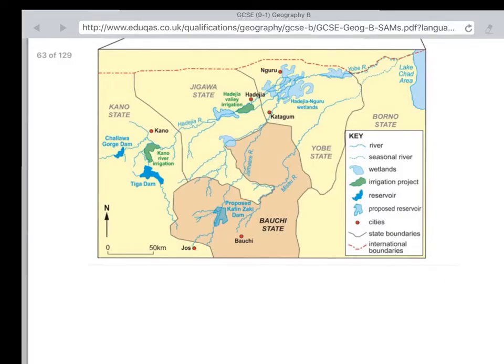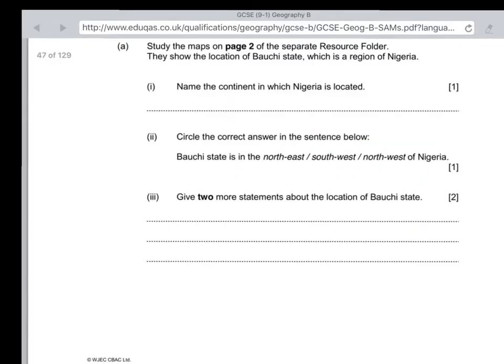Looking at this, you might say it's east or southeast of Kano State, south of Jigawa State. You might say it's located on the Misu River and the Jamir River. Anything like that would be absolutely fine. Those sorts of questions are typical starting questions. They're there to get you comfortable, testing some basic skills, and should be fairly accessible.